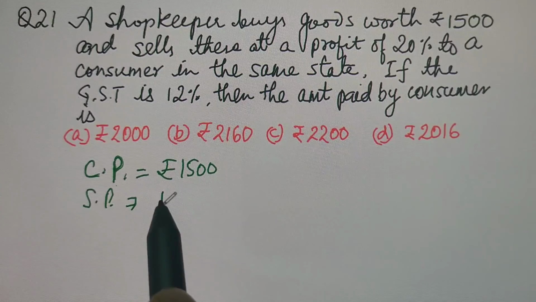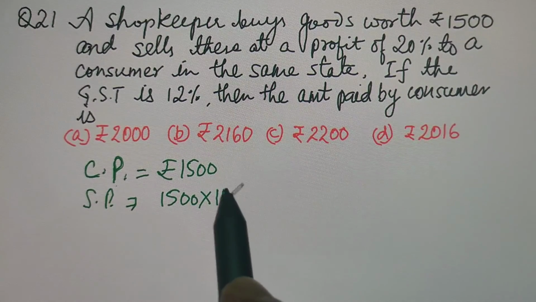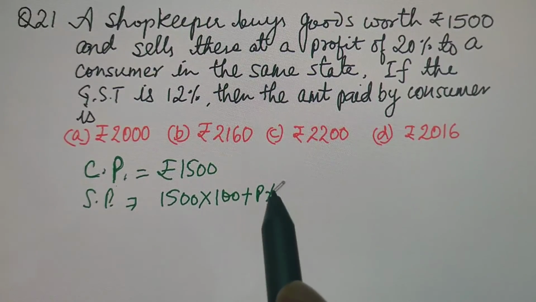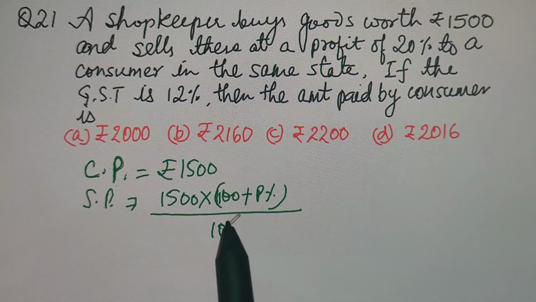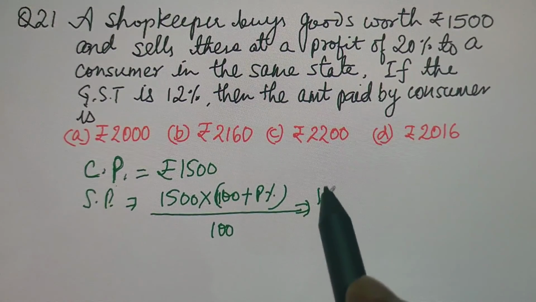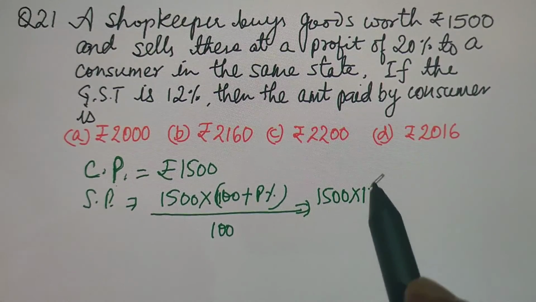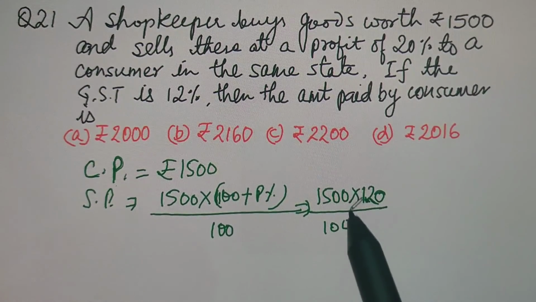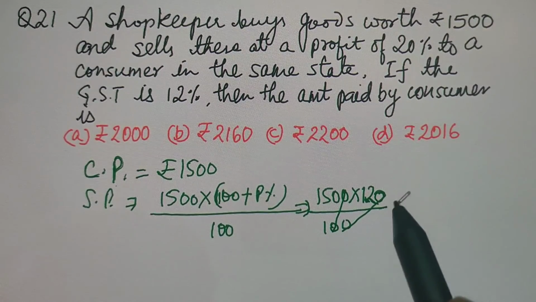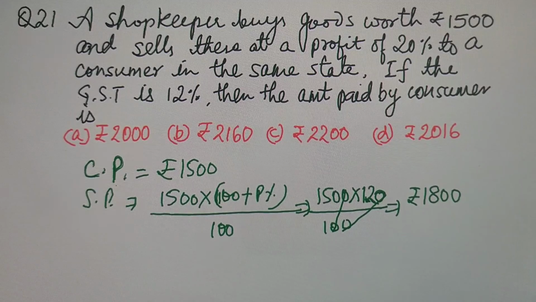The SP is going to be 1500 into 100 plus profit percent upon 100, which comes out to be 1500 into 120 upon 100. If this is cancelled, I get rupees 1800 as my selling price.